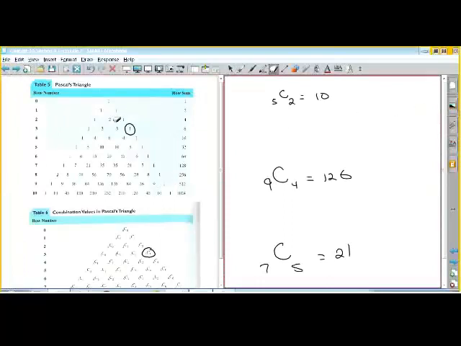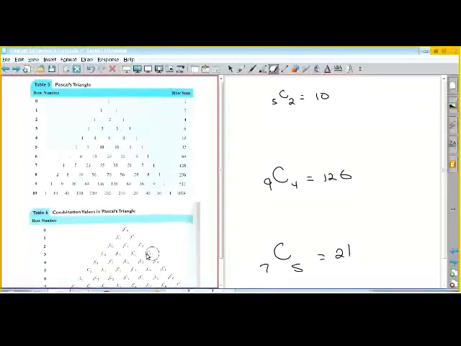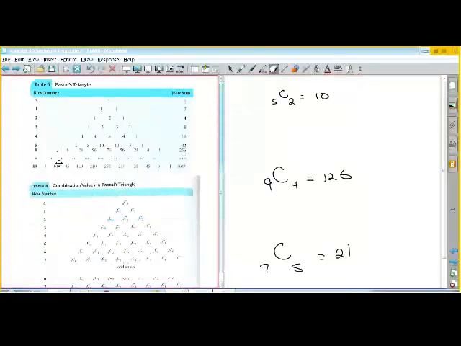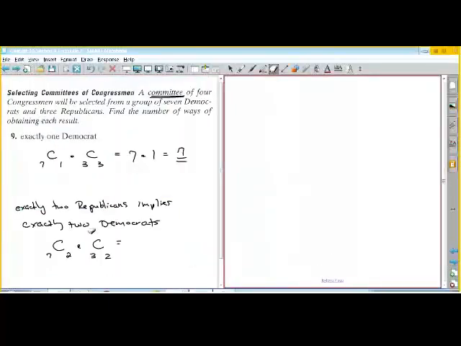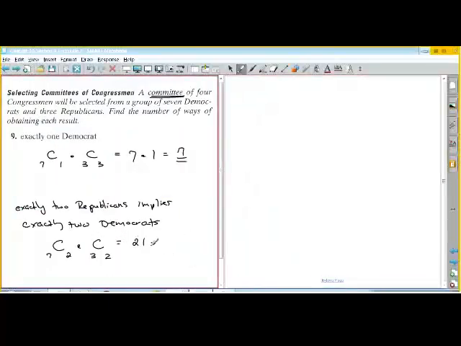Let me erase what I did previously. So 7 things. You go to row 7, 0, 1, 2. So there are 21. 21 is the first number.